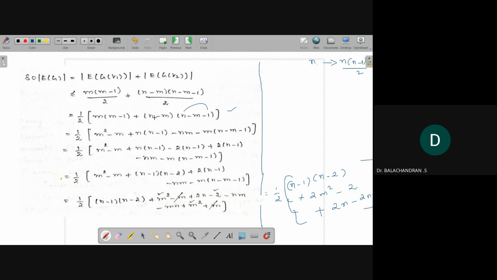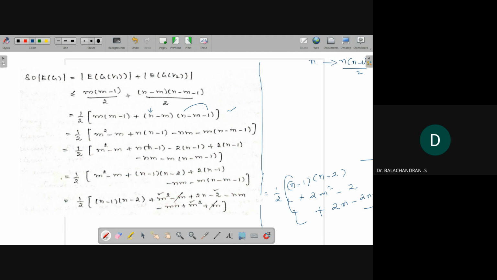I'll take n into, within bracket, n minus 1. Still I need to multiply this n with minus m, so minus nm. Next, minus m into the remaining, n minus m minus 1.